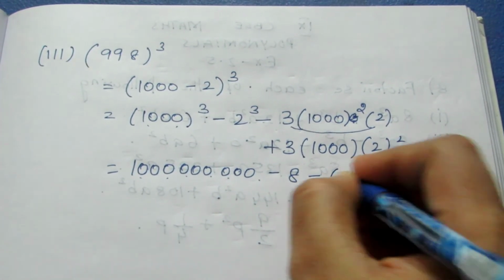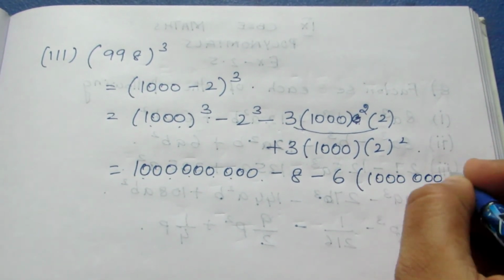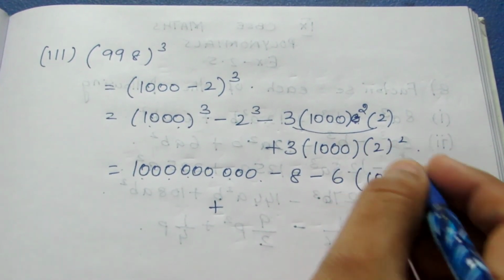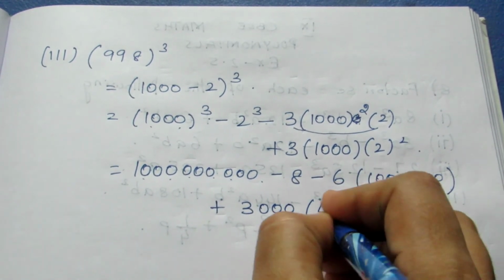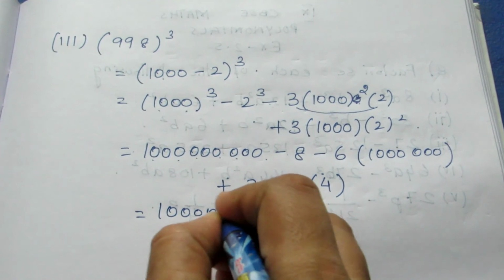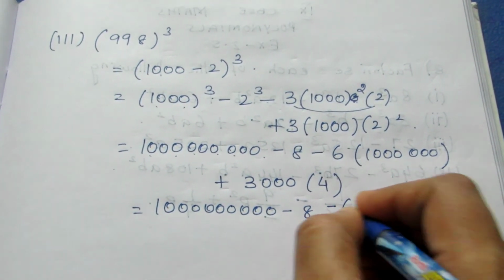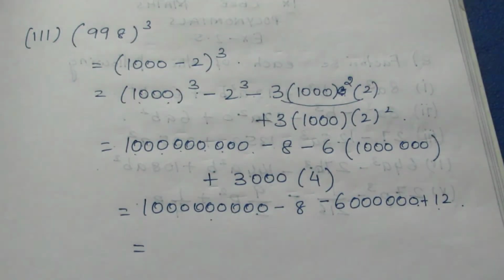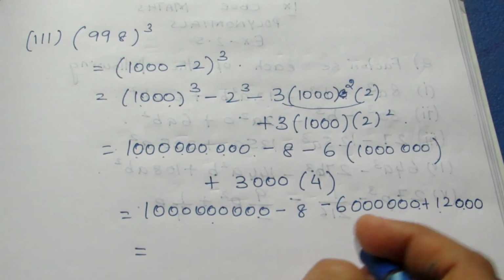So this becomes 6, here power 2 means 1000 one time, 000 two times, plus here this is the ordinary number, we need to square this and then multiply, so 3000, here 2 2s are 4. Now multiply everything. Minus 8, here it becomes minus 6, 000000, plus 12, 3 zeros.